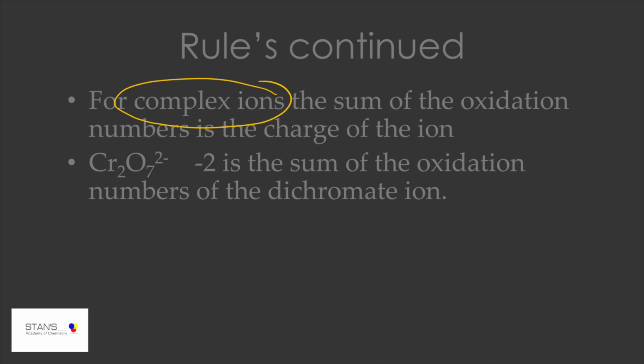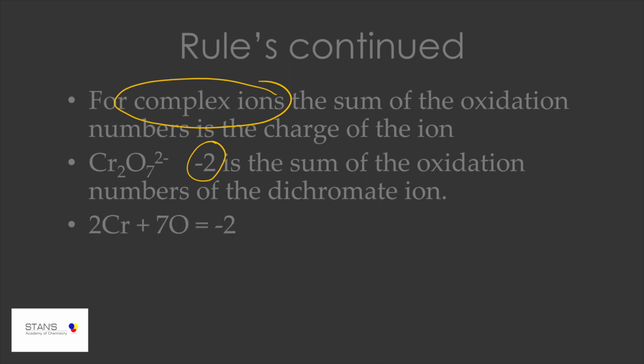The oxidation number of this polyatomic ion, like I said in the earlier case of sulfate, is -2, which means the sum of the oxidation numbers of chromium plus oxygen is equal to -2. So this information can be used to determine the oxidation number of chromium if that is unknown to us.